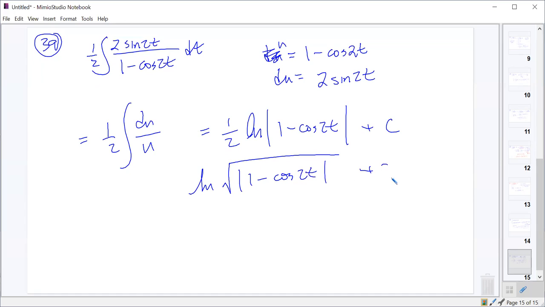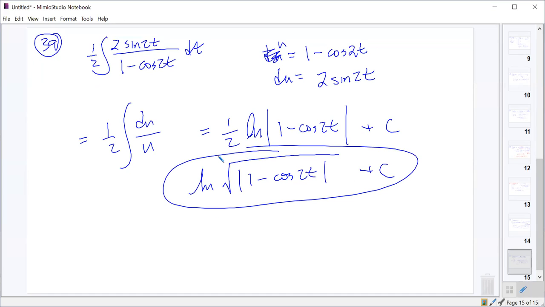So they've rewritten it this way. Power of 1/2 is a square root. Everybody good there with 39? Any questions on 39?